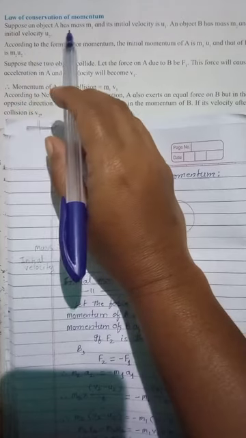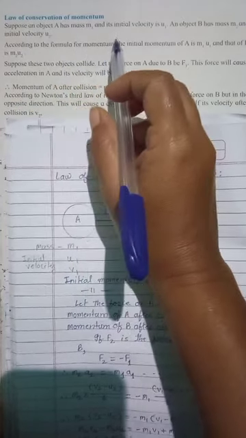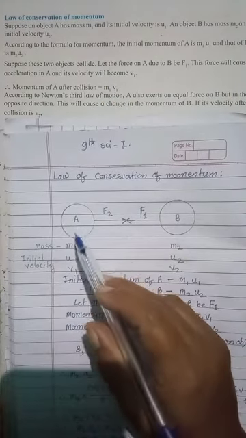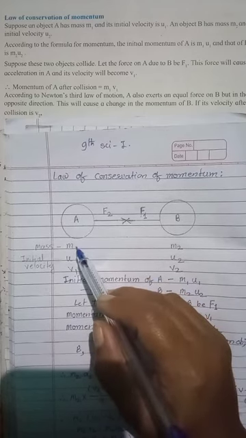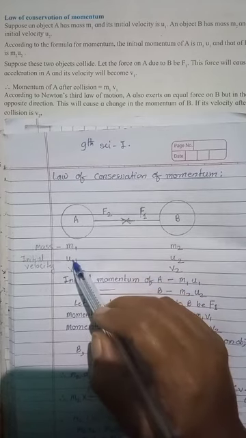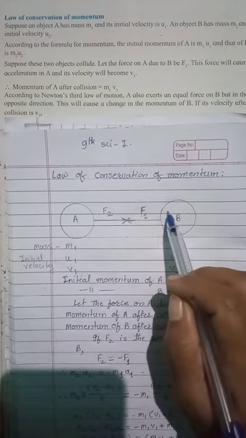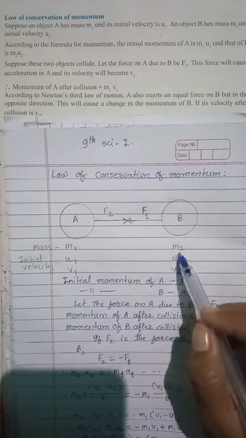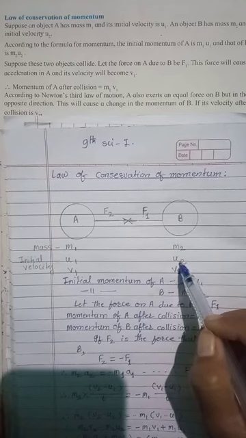Suppose an object A has mass m1 and its initial velocity is u1. An object B has mass m2 and its initial velocity is u2.